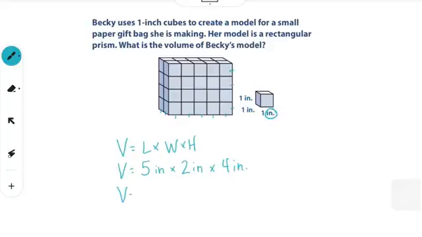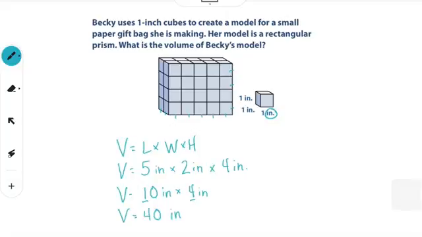I'm going to do these problems separately. First, I'll do 5 times 2 is 10 inches times 4 inches. Now again, V equals, and now I'll do 4 times 1, or 1 times 4 is 4, add the 0, 40 inches, just like we got before.